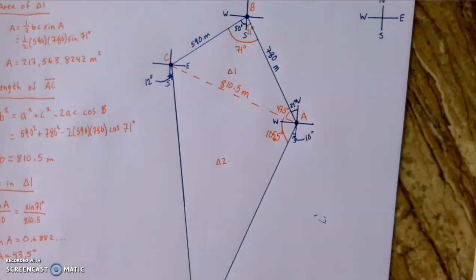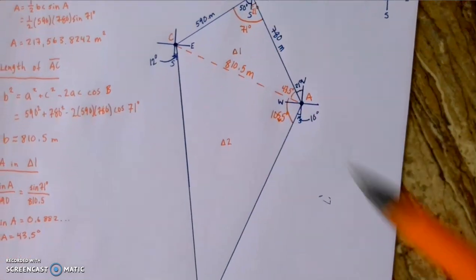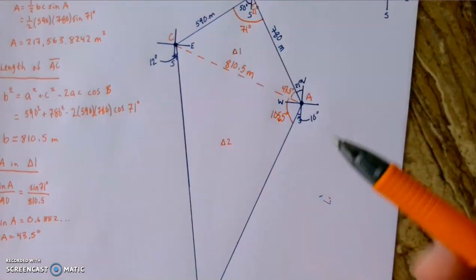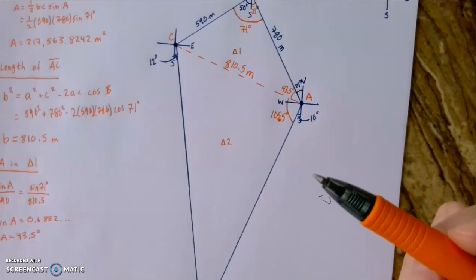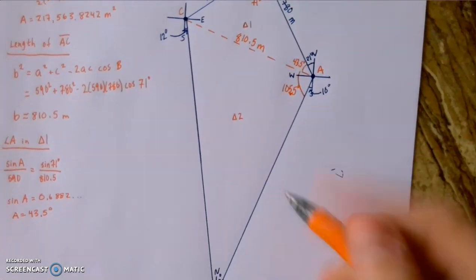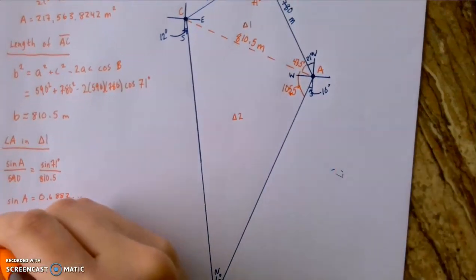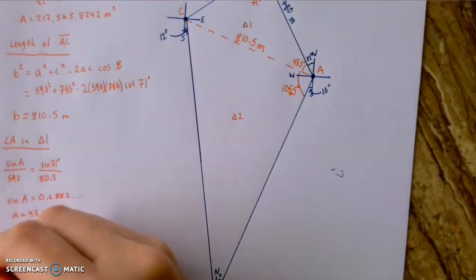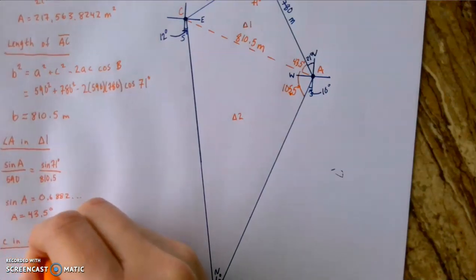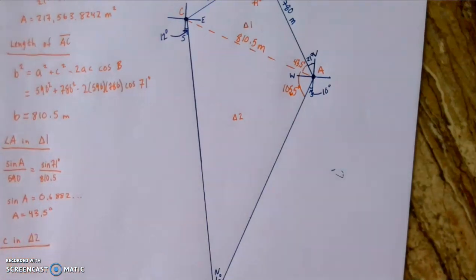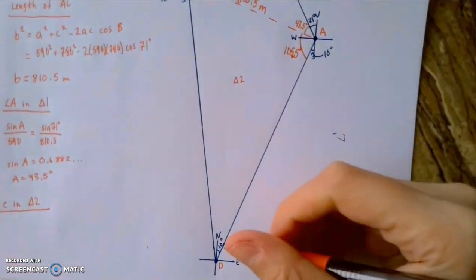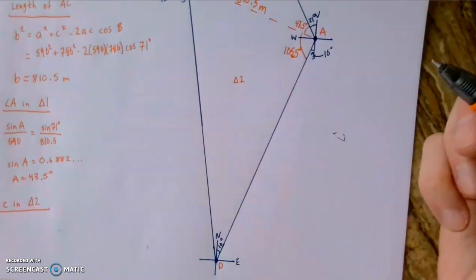Right. Now, the only thing I need left, if you notice what we have so far, I have a side, I have an angle. If I could just have this side of triangle 2, I can once again use my side angle side formula and figure out what that's going to be. So let's go ahead and do that. Let's find this side right here, side C in triangle 2. We almost have a complete set right here.